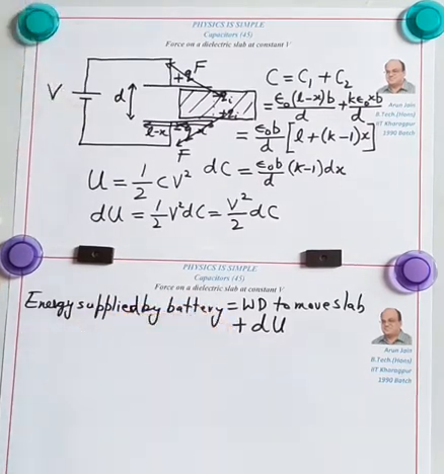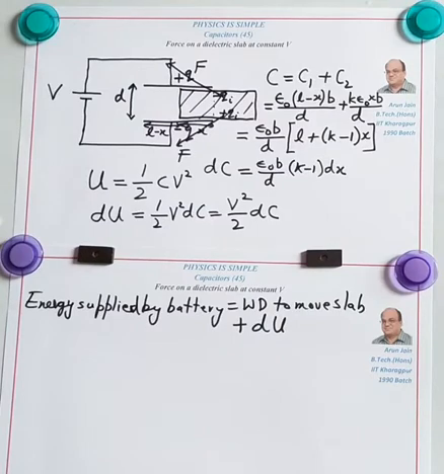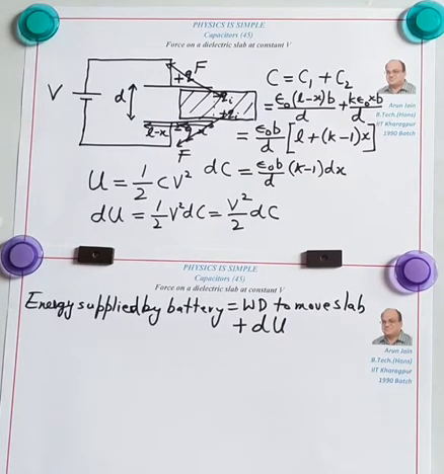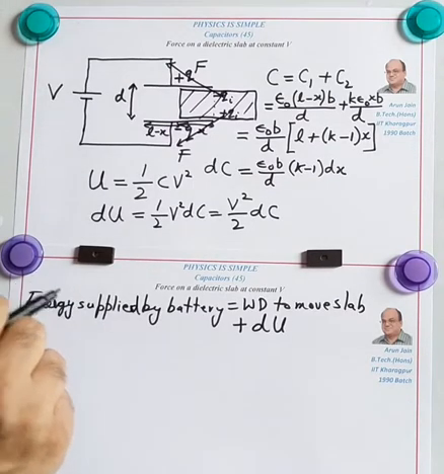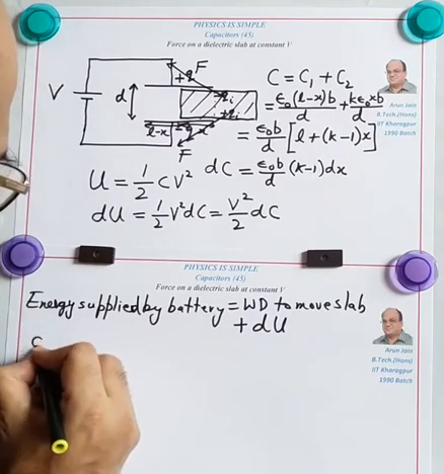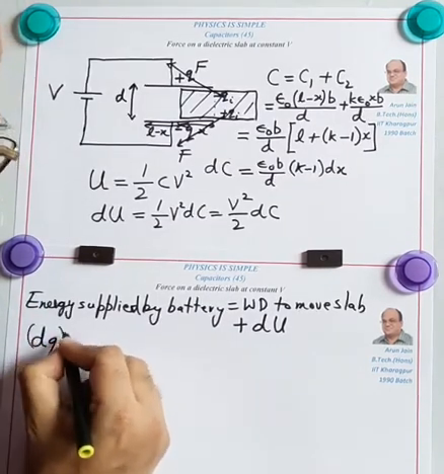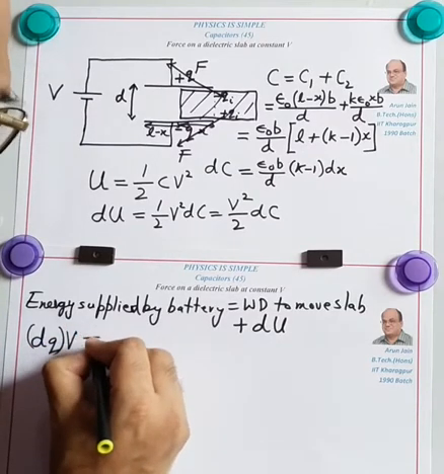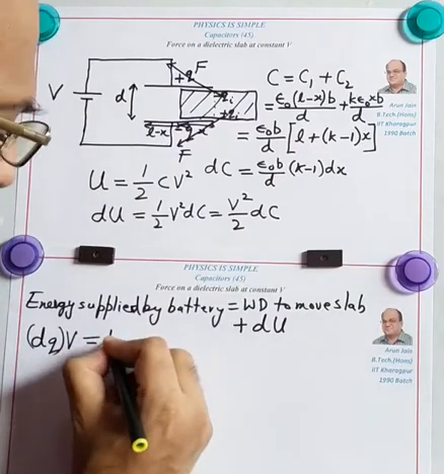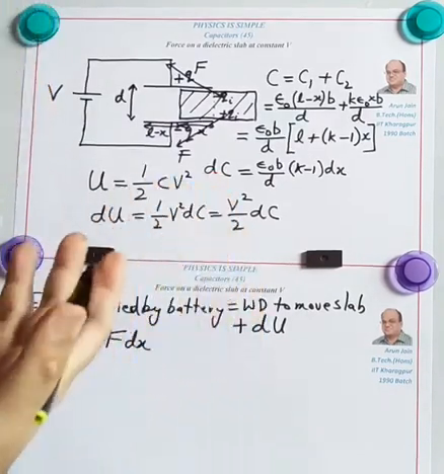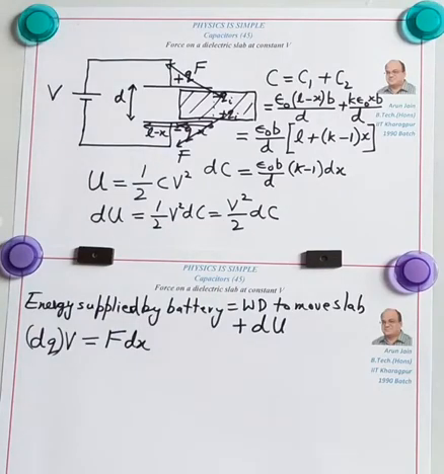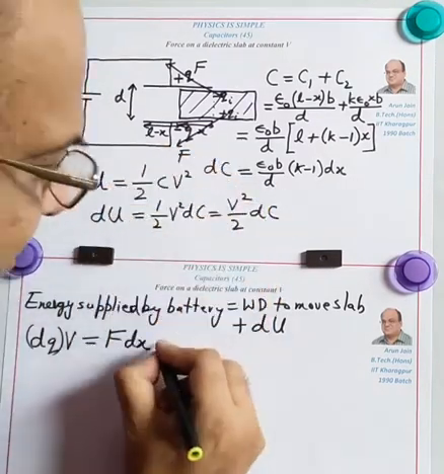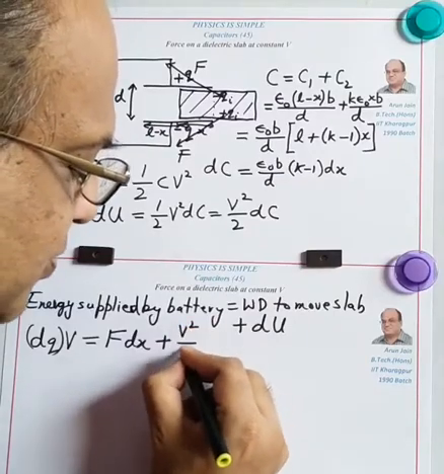Energy supplied by battery will be used for two purposes: work done to move the slab and increase the potential energy of the capacitor. Energy supplied by battery will be the extra charge that comes from the battery dQ multiplied by the potential difference V. Charge into potential difference gives us energy. Work done to move the slab will be force into displacement. So force is F and dx is the displacement, and the increase in potential energy is V square by 2 dC.